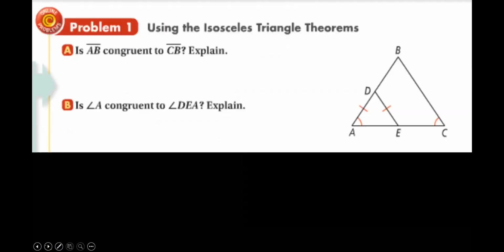And also, we talked about this angle. We say that if we have an isosceles triangle, for this isosceles triangle, these two sides are congruent.